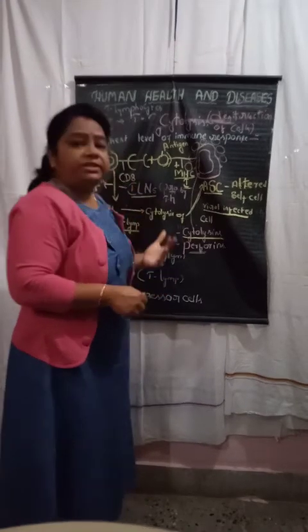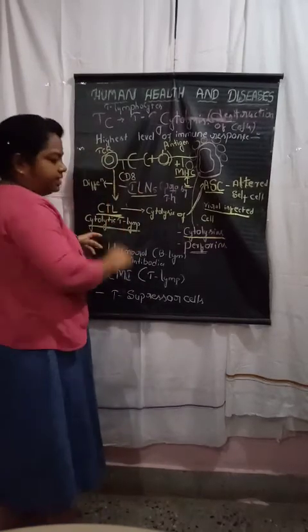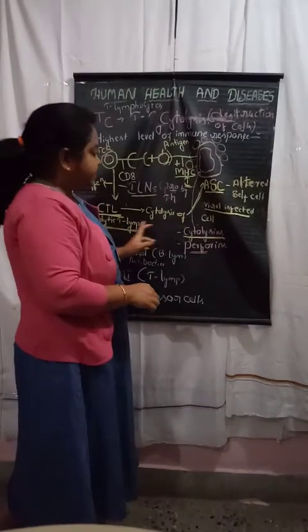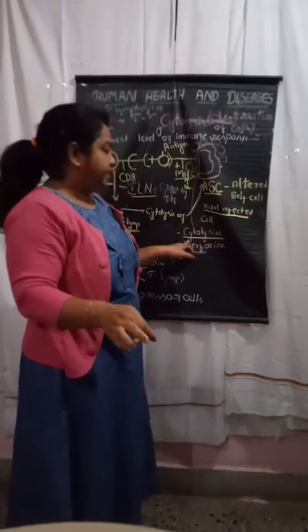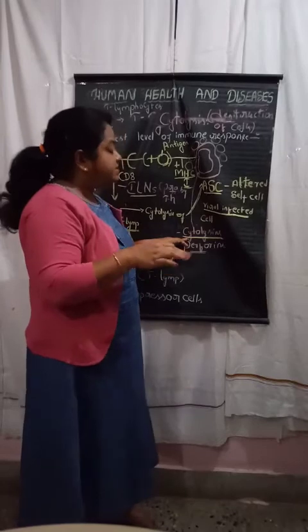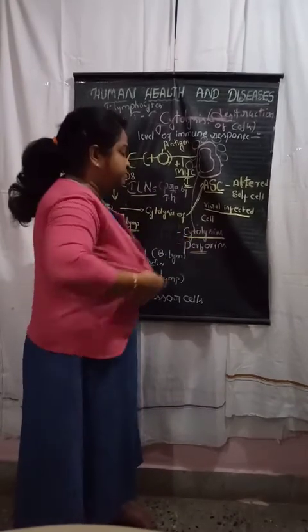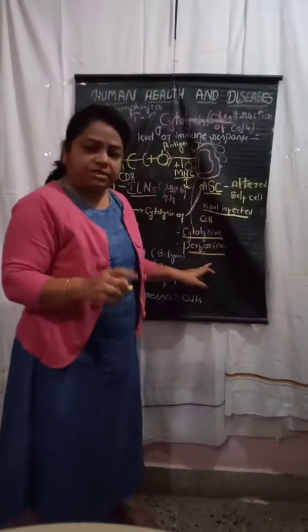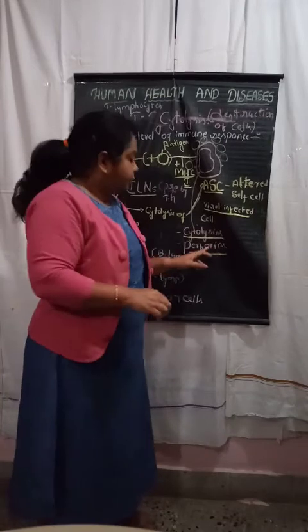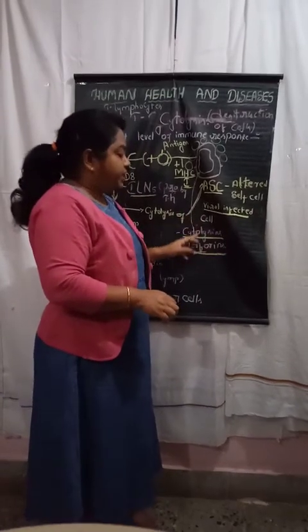So from whom is it produced? That is the cytolytic T lymphocytes. So these cytolytic T lymphocytes produce cytolysins. These cytolysins also produce another group of enzymes, which we will call perforins.